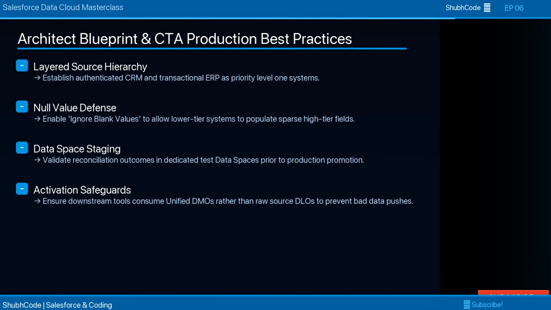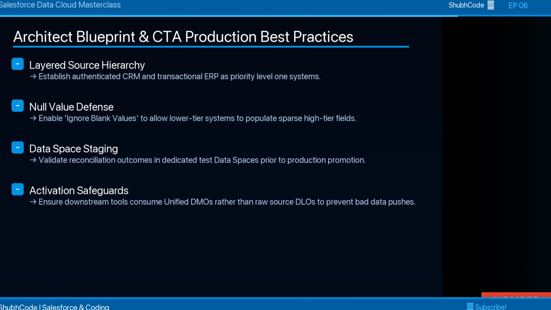To conclude Episode 6, let's summarize the ultimate CTA blueprint for building enterprise-grade reconciliation rules in Salesforce Data Cloud. Always establish core CRM or ERP as your top priority source for core demographic attributes. Enforce strict null prevention settings to ensure secondary sources backfill missing fields without clobbering primary data.